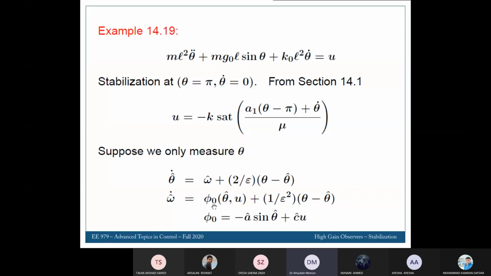And similarly, we have used here phi naught, and we have used the nominal values of that particular problem. So we could use it or we could not use it. You can omit this one and see if omitting or including this one gives you different results. Now, this corresponds to the discussion we had before.